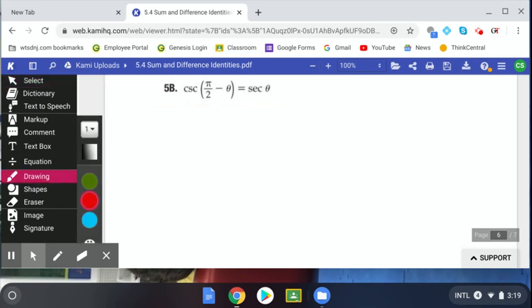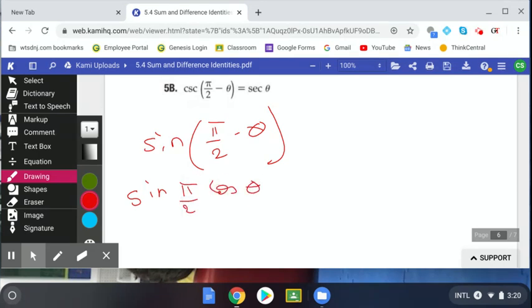So sine pi over 2 minus theta is a sine of a difference. So sine pi over 2 cosine of the second minus cosine of the first sine of the second.